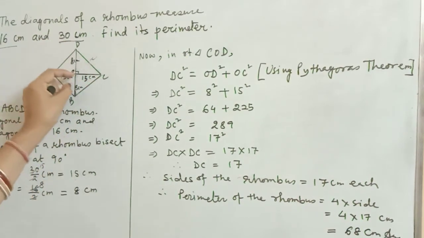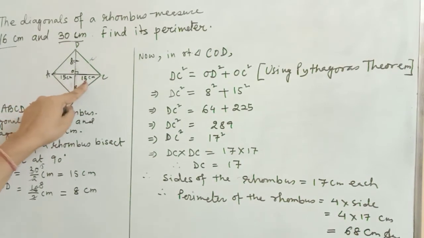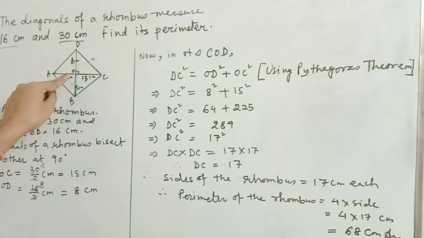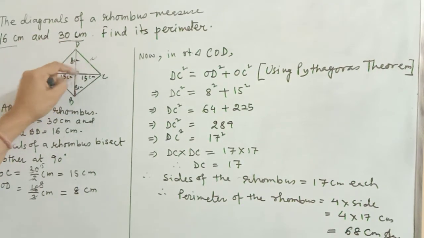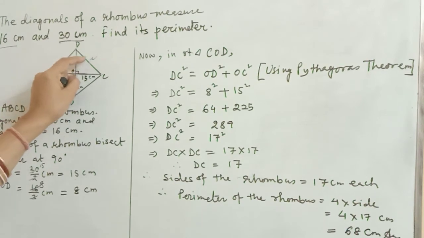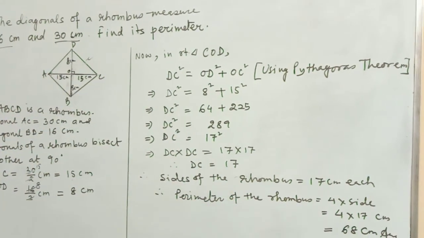By using this right triangle, we can find the side. I can take any one right triangle as all the sides will be the same value. So we are taking COD, and we can find out the side DC, and in this way 4 into side.